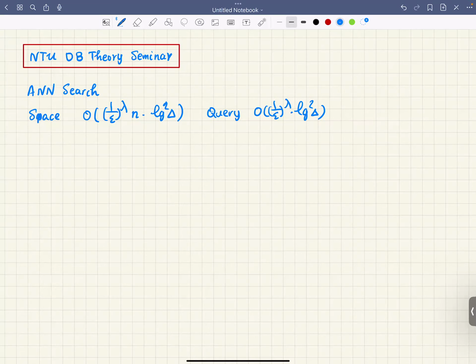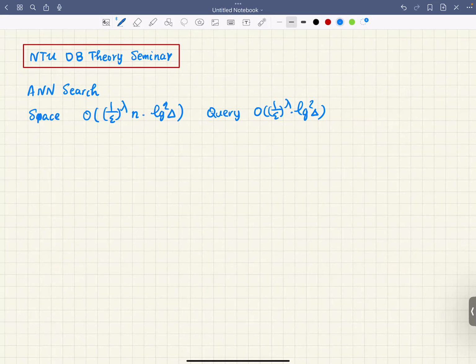Think about epsilon being 1/2, for example. If epsilon is 1/2, then this is basically 2 to the power of lambda. If lambda is something large, then quickly this is going to dominate everything. So that would be the first thing we talk about.